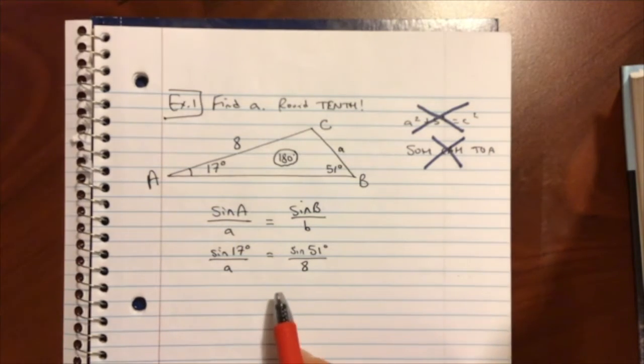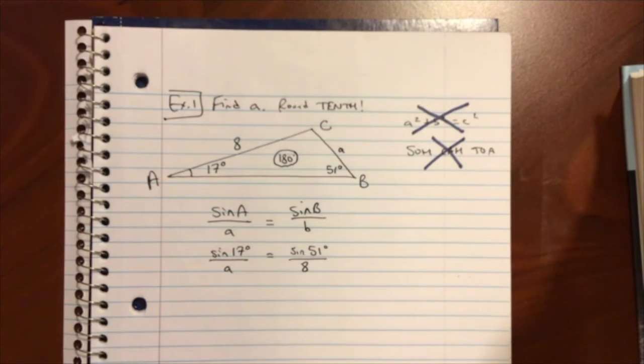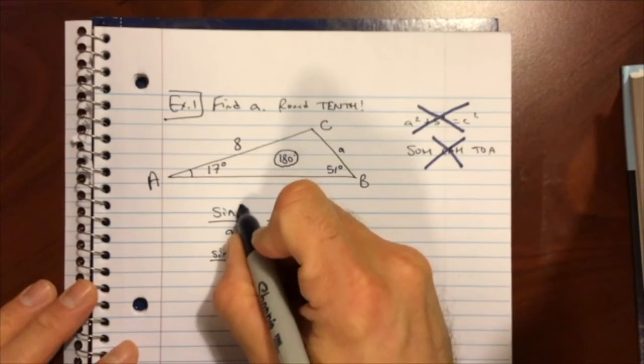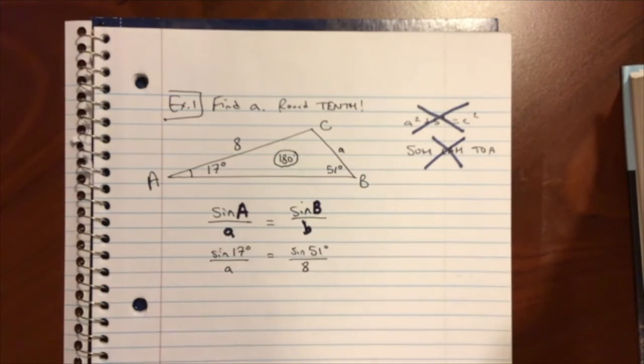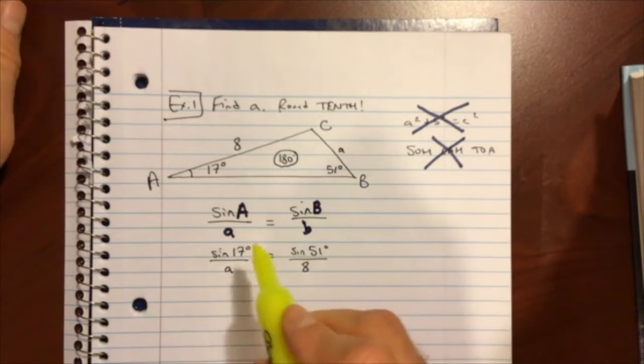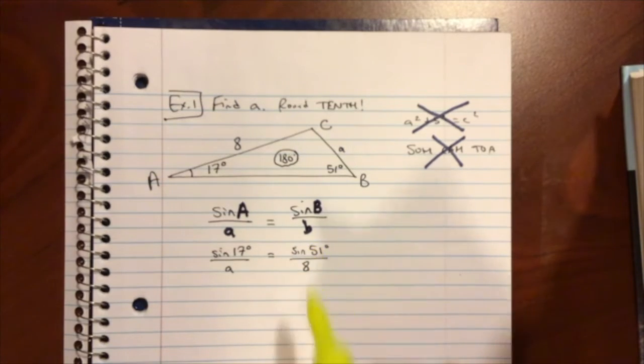Notice before I go on in this problem that there's always going to be 4 variables. There's always a big A, a little a, a big B, and a little b. And when you do this problem correctly, of these 4 variables, you should be able to plug 3 of them in.